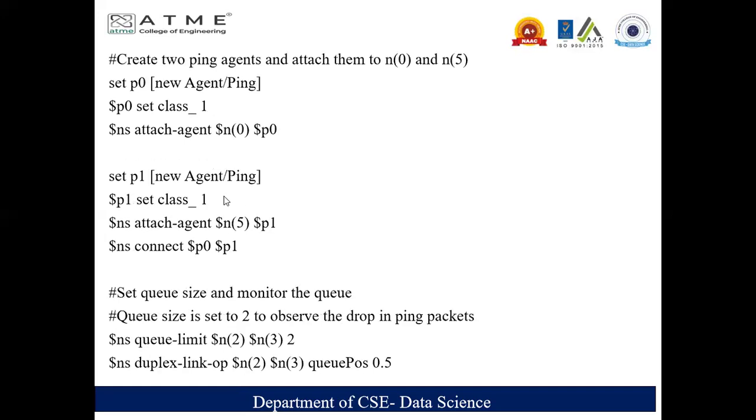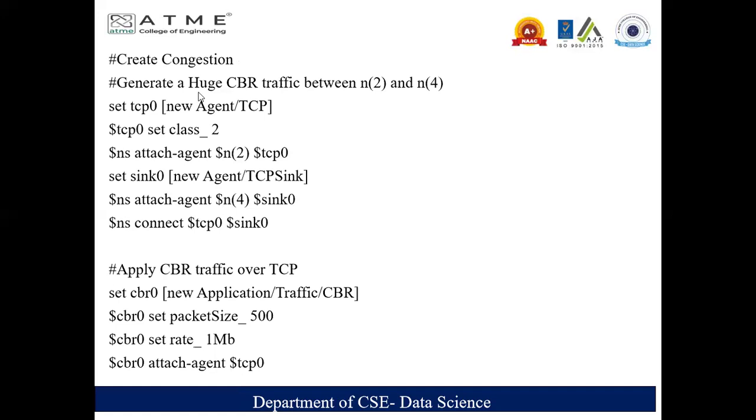P0 was connected here. Similarly, here we are connecting TCP0 to the attached agent N2. Next, we have sink 0, that is for the last node. So sink 0, which is an object of TCP sink, and we are connecting sink 0 and TCP0. So both are connected.